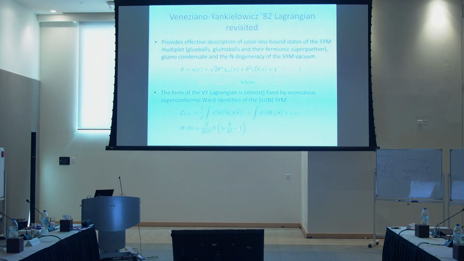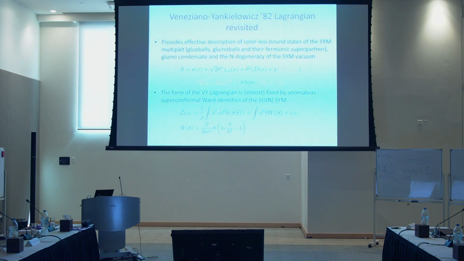The superpotential is completely fixed by the anomalous Ward identities, in particular the R symmetry Ward identities here. And there is a kinetic term here of this form, which is constructed by dimensional reasons with an arbitrary parameter rho.